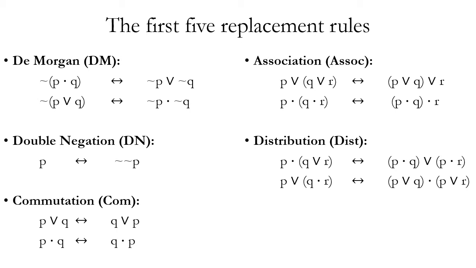Association allows you to move around the parentheses, but only if both of those operators are the same. If you have a wedge, one of whose disjuncts is a wedge, or a dot, one of whose conjuncts is also another dot. And then finally, distribution allows you to go from cases where you have a mix of a dot and a wedge, and you're moving around where the parentheses are, but you're also replicating one of those conjuncts or one of those disjuncts.